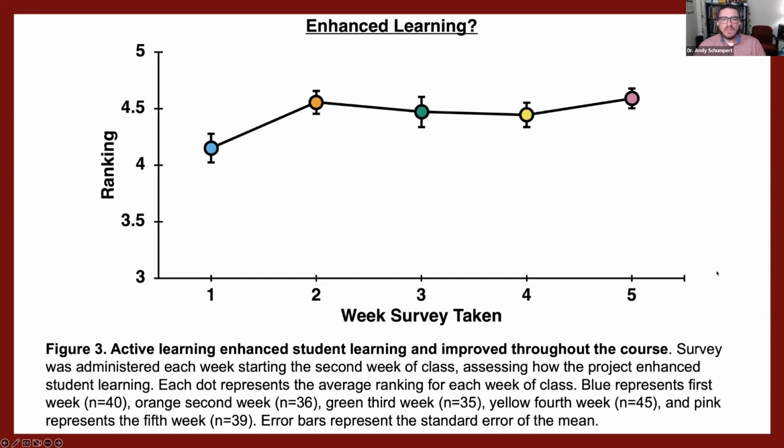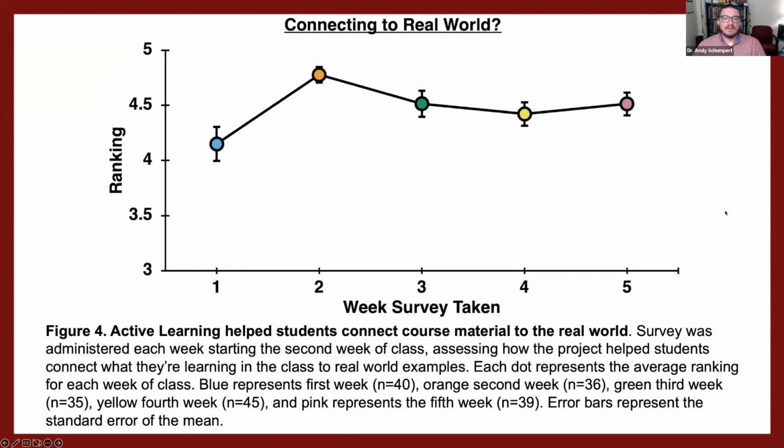What about enhanced learning? Again, you see that very common spike here. This is up 4.5, looking pretty good. And if you're comparing the start to the end, again, a positive trend. Connecting the real world, this one definitely had the largest spike.